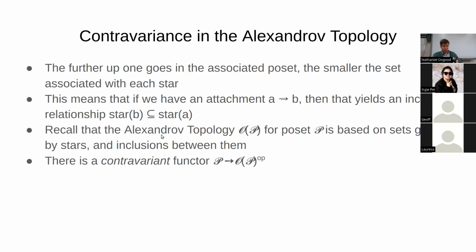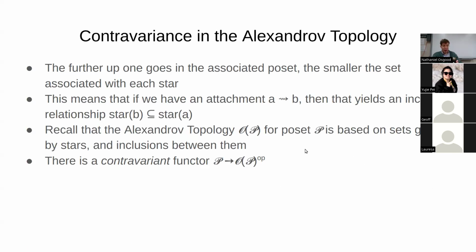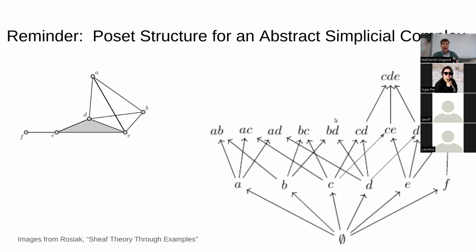And recall that the Alexandrov topology is based on this. Each thing is mapped to its star. And so the Alexandrov topology is in fact associated with a functor from the category associated with the poset for our attachments, to a category given by sets and inclusions, right?